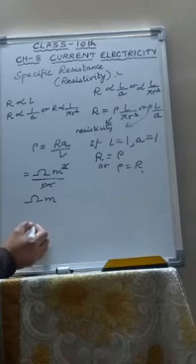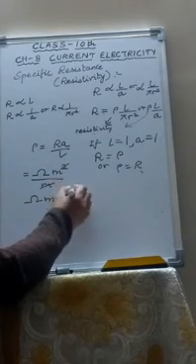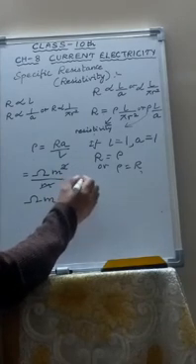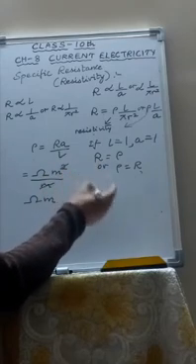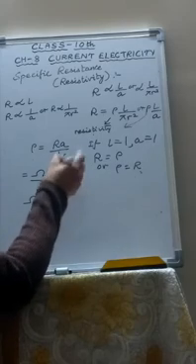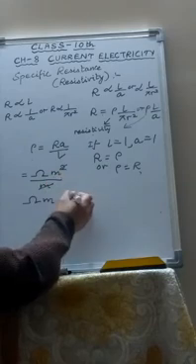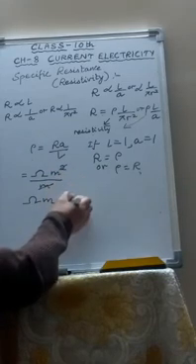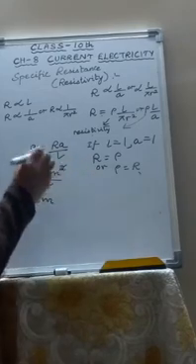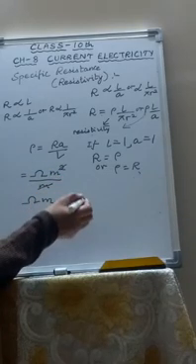Now the factors affecting the specific resistance. The specific resistance of a substance is a characteristic property and it is different for different substances. Specific resistance in fact depends on the material of the conductor. Its resistance will change, but specific resistance will not change for the same material. Specific resistance is very low for metals and alloys, low for semiconductors but very high for insulators. Semiconductors are the materials whose conductivity lies between metals and non-metals or insulators.